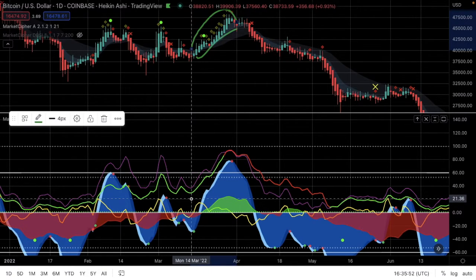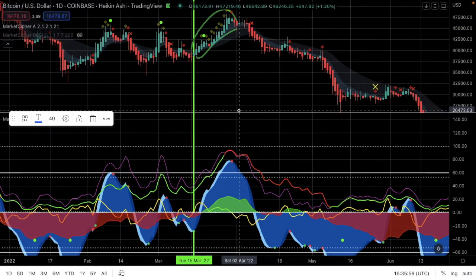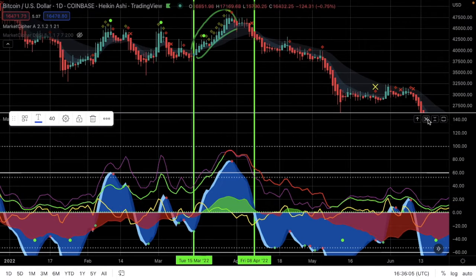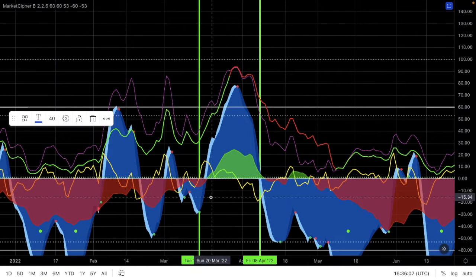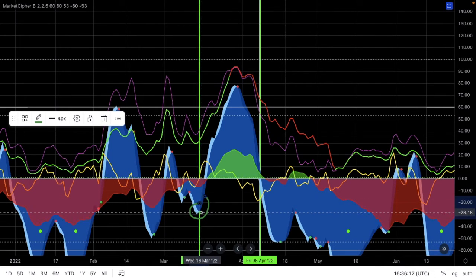So let me draw my vertical line here from this side, let's use these regions, to this side, right? And let's see what happened to the force. You understand? So the force started from this side. Once we register a green dot, it means there is a change in direction. It means it's going up. Green means go, right?